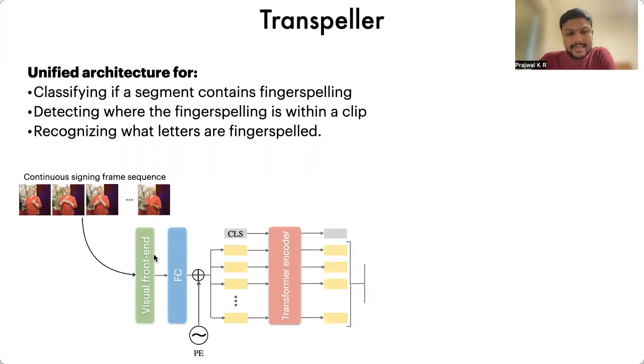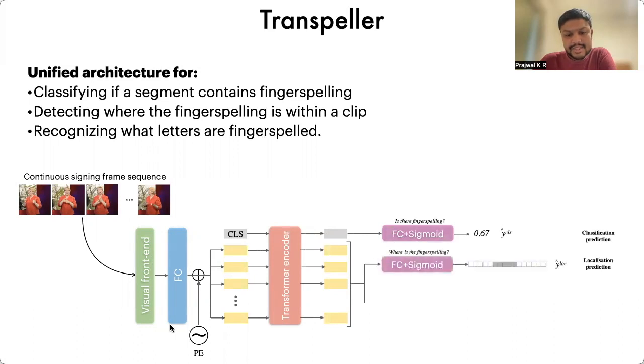At the CLS time step, we make a binary prediction of whether the input segment contains fingerspelling or not. At each frame, we make another binary prediction indicating whether this frame contains fingerspelling. This allows us to localize the fingerspelling in time. Finally, we also have another head that outputs a softmax probability over the English characters to transcribe what is being fingerspelled. You can find more details about this in the paper.